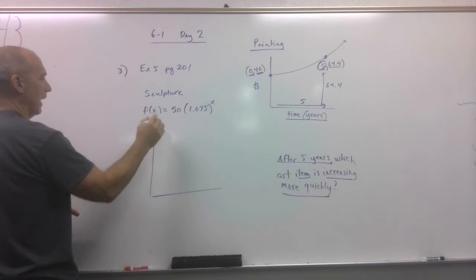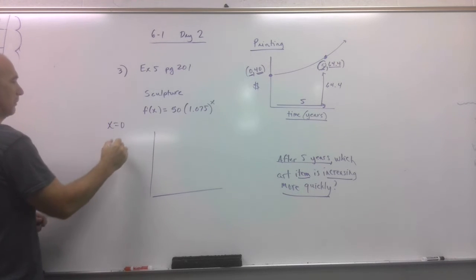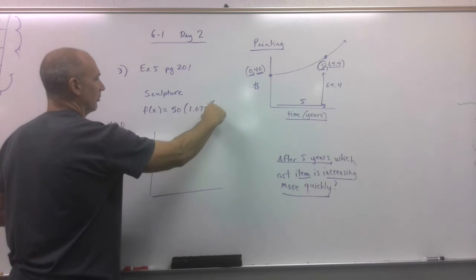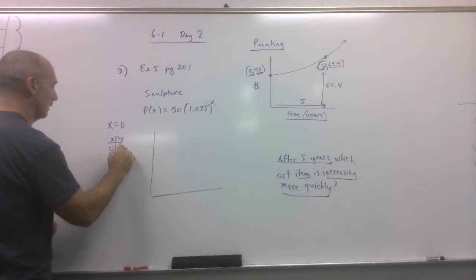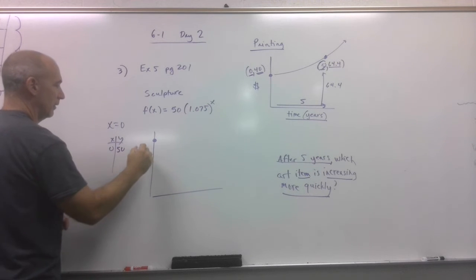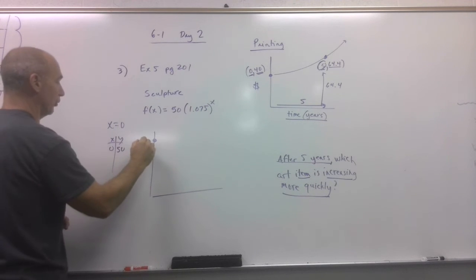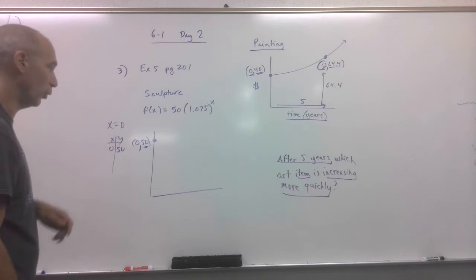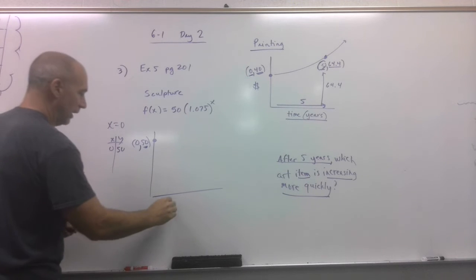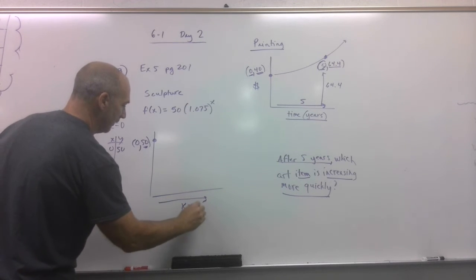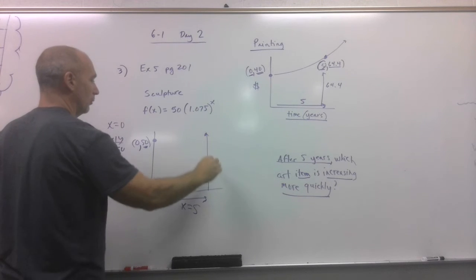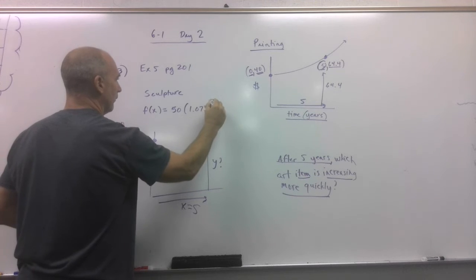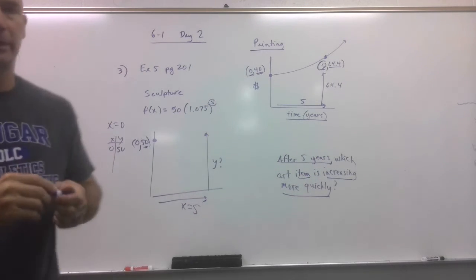We know that if x equals 0, remember we make these little charts for these things, put a 0 in there, anything to the 0 power is 1, so 1 times 50 is 50. So the sculpture was worth 50, whatever, 1,000 or dollars. So we've got to figure out when x is 5, so after 5 years, what's the y value? Well, we're going to put a 5 in right here, so let's go ahead and do that. 5. All right, let me get my calculator out.